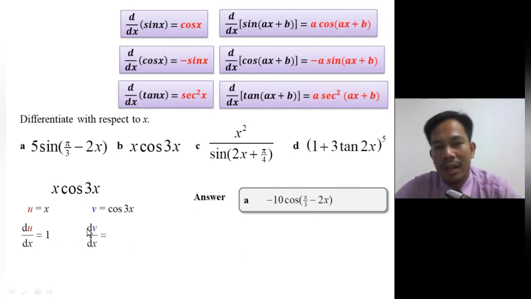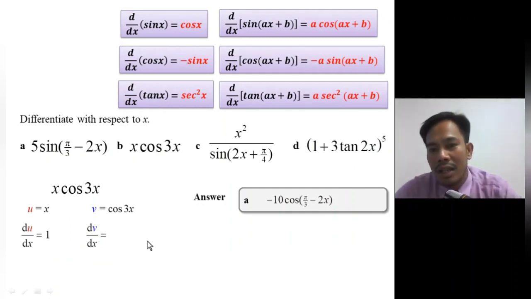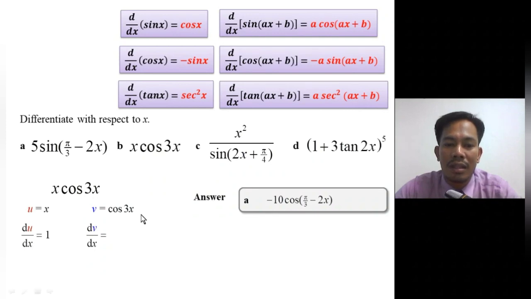Now let's try to apply this again. It is cosine of ax plus b, but there is no b over here. We only have ax. So that a, which is the 3, will just be in front. 3 times cosine what? You bring back the original angle, which is 3x. Sorry, it's not anymore cosine, because the derivative of cosine is negative sine.